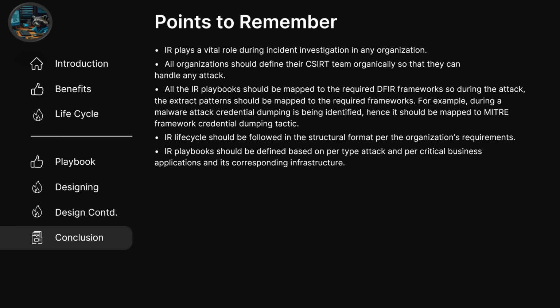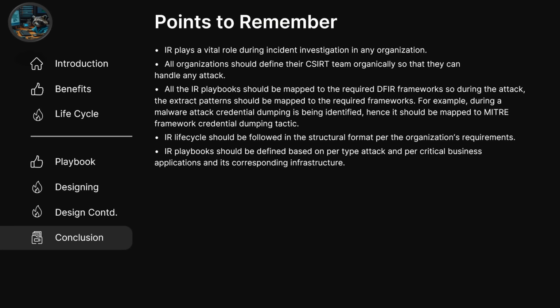There will be a war room set up, and all teams have to be present in that war room. There will be timely communication by the CSIRT manager to the CISO and other stakeholders. The on-ground team will identify the type of threat, mitigate the threat, follow the playbook, and define the type of tactic that has been identified.